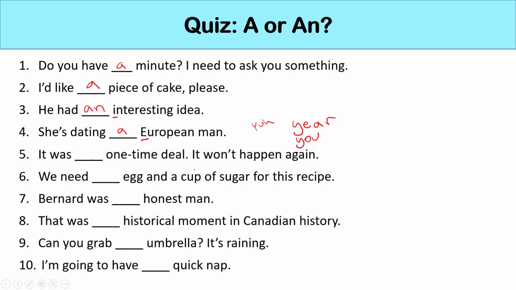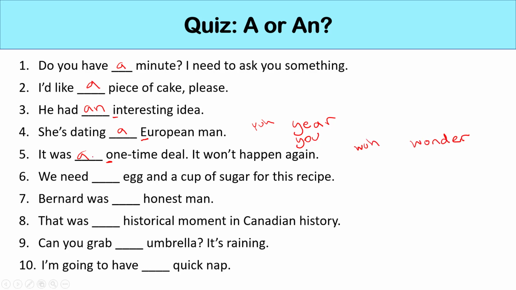Number 5. This is another tricky one. It was a one-time deal. It won't happen again. One begins with an O, but again, it does not have a vowel sound. It has a consonant sound, W, one, like the word wonder.